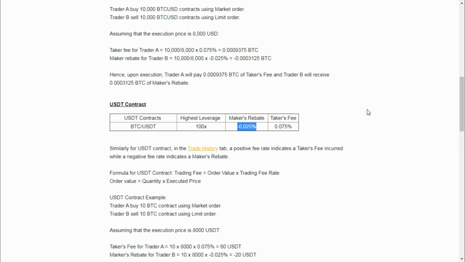Quickly, just to explain the difference between maker and taker. Maker means you're adding liquidity to the market, so you're trading with limit orders, so your order does not execute immediately. You put your trade in and it sits there for a while. That means you're adding liquidity to the market.